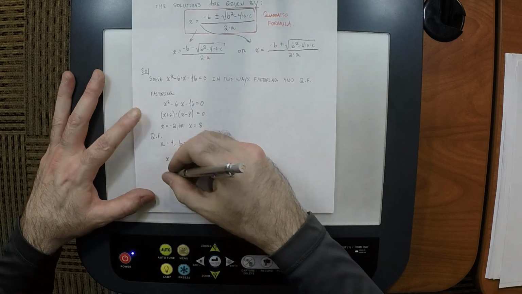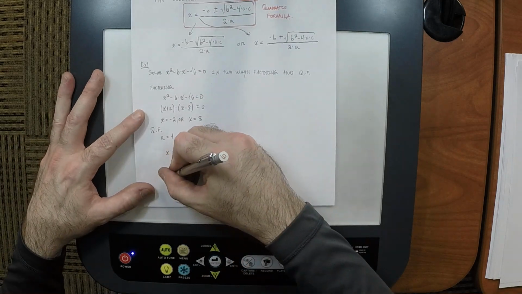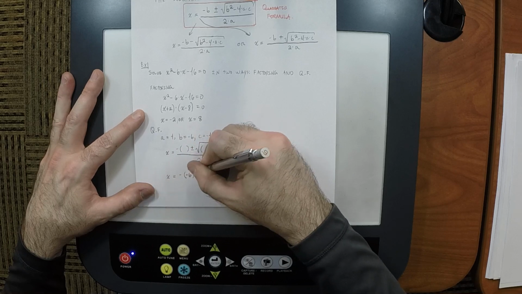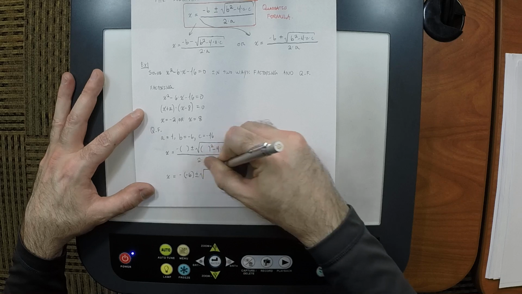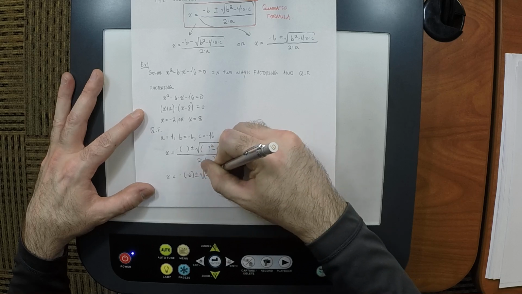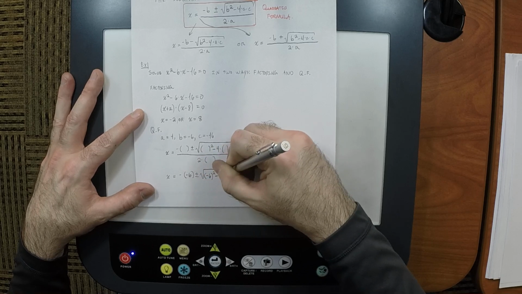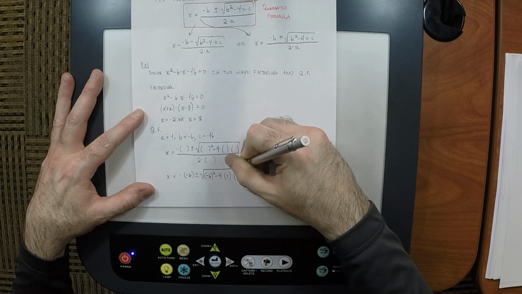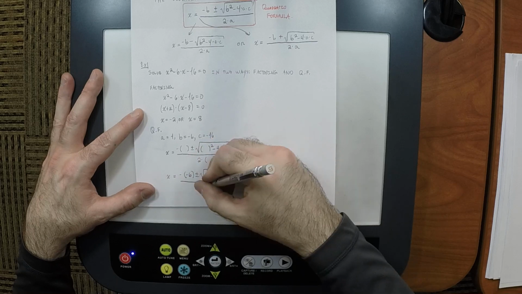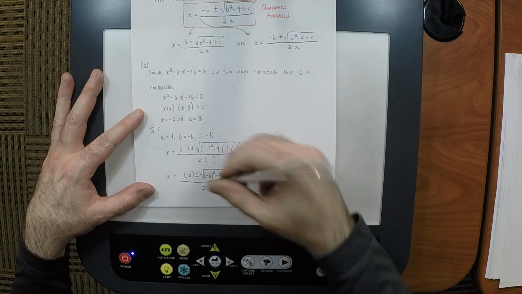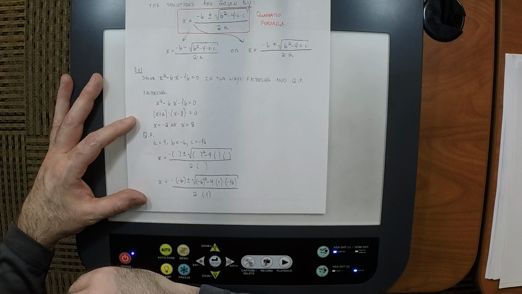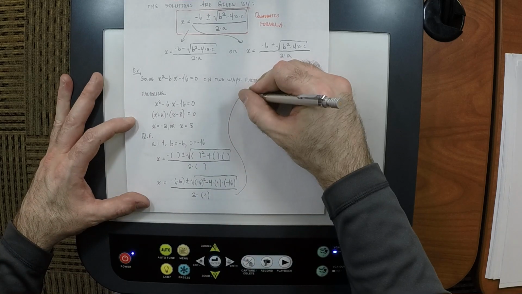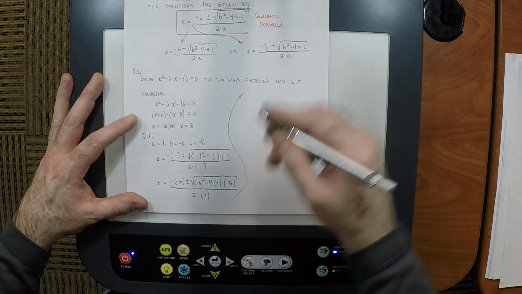So at any rate, negative 6 plus or minus the square root of negative 6 squared minus 4 times 1 times negative 16, over 2 times 1. So it's just a matter of some arithmetic there.